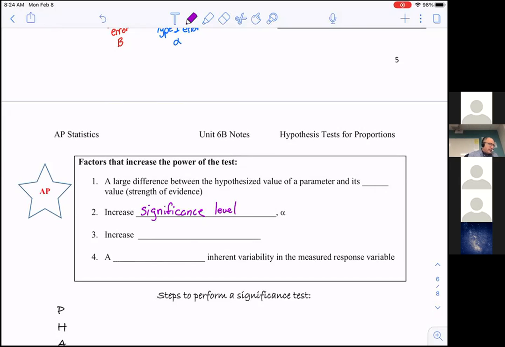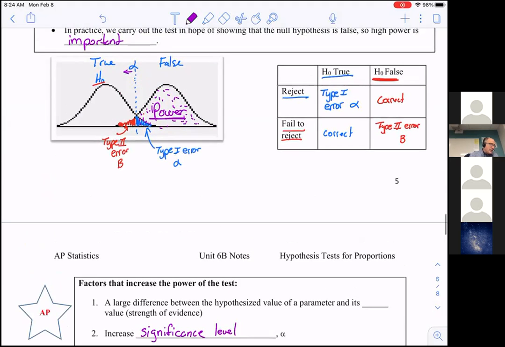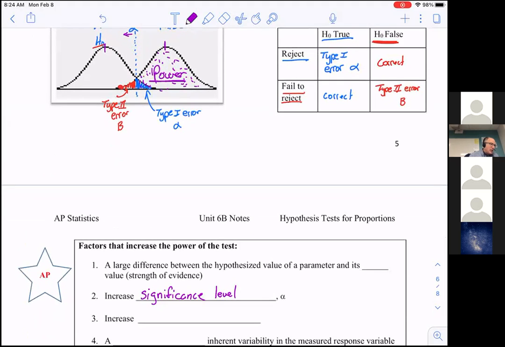Now I go back to this one again. It's really easy to see the errors if there's a large difference between the actual mean and the hypothesized mean. A large difference between the hypothesized value and the parameter's true value is going to create a lot of power, which I could see on that diagram I drew in there.